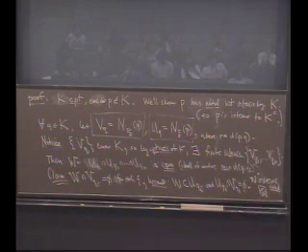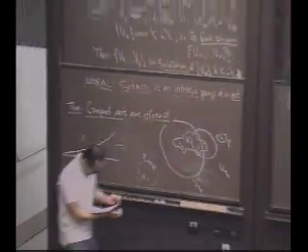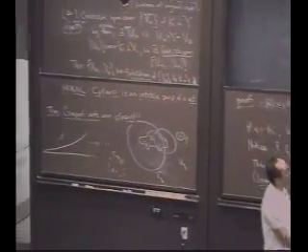Any questions about this proof? Really, it's an amazing idea that I can separate P from each point. There are infinitely many points, but that's where compactness comes in. Beautiful idea.